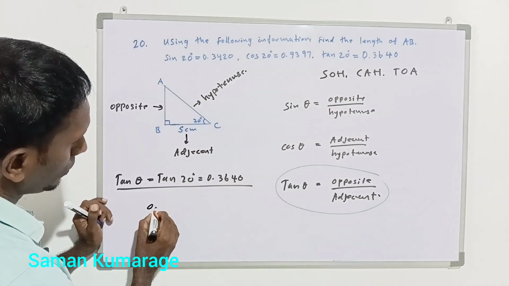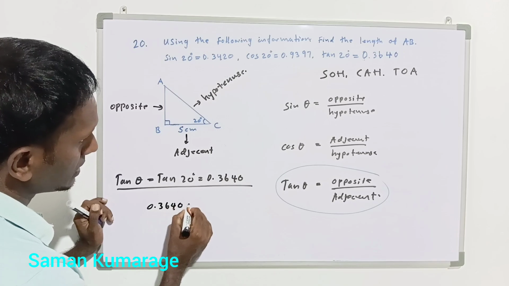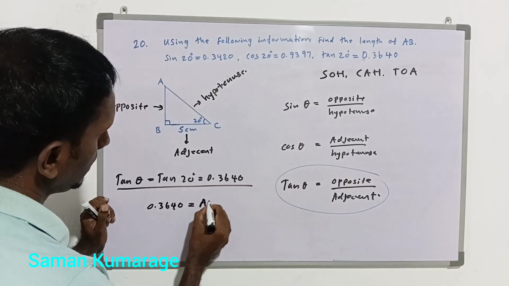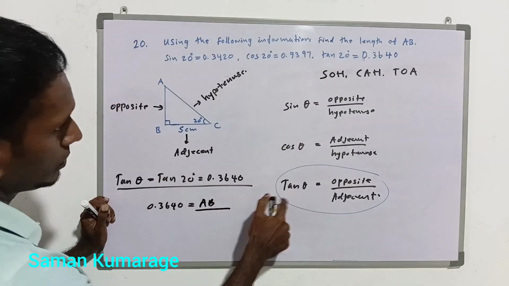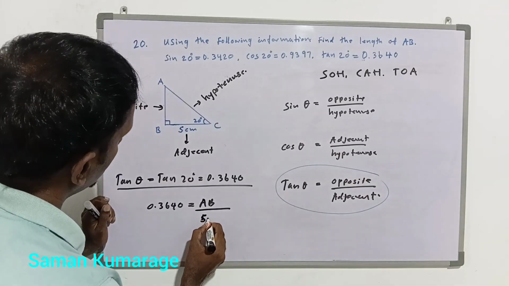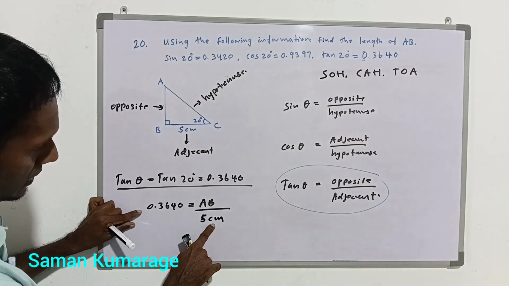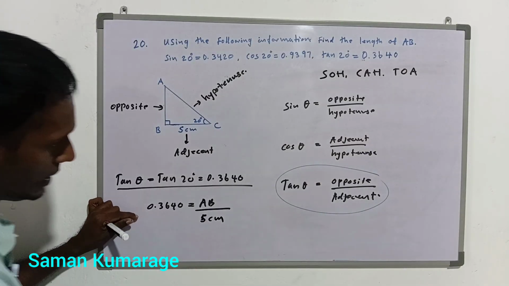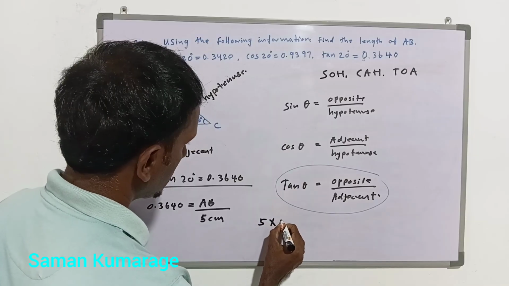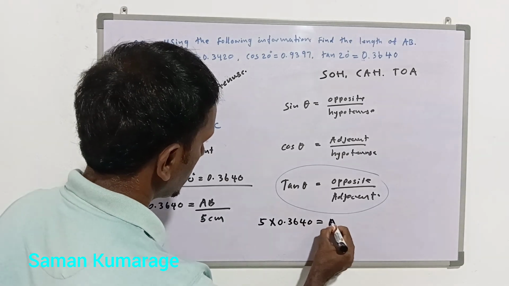Then 0.3640 is equal to, opposite side we don't know, we write AB, over the adjacent side, 5 cm. Now if we take this 5 cm to this side, we can write 5 multiplied by 0.3640 is equal to AB.